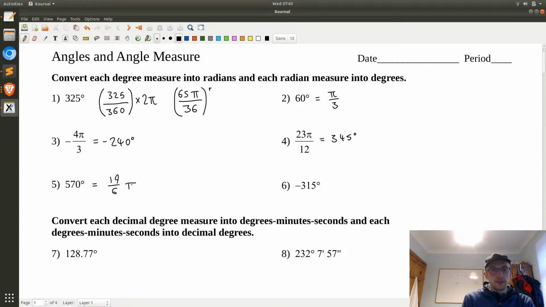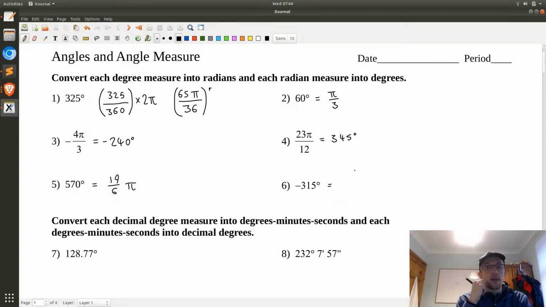Okay. Now, negative 315 degrees. That's 45 degrees less than a full turn, going clockwise, because anti-clockwise is the default for a positive degree measurement. 45 degrees is special.